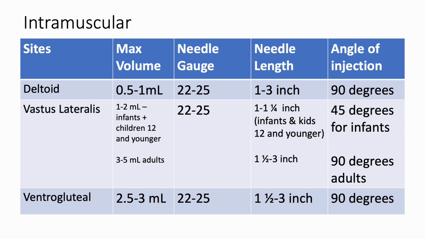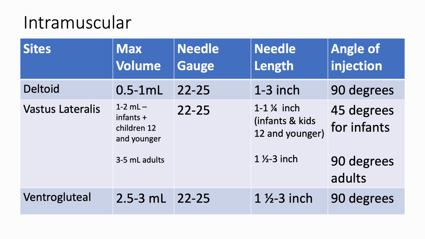Just to reiterate, anytime we are giving an IM injection to an infant, we pick the vastus lateralis muscle. That is the only spot we go for these young babies. And when we give that medication, we go in at a 45-degree angle instead of a 90-degree angle.